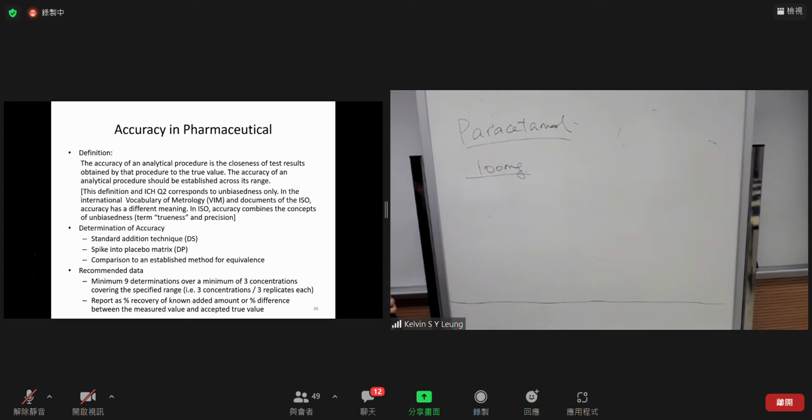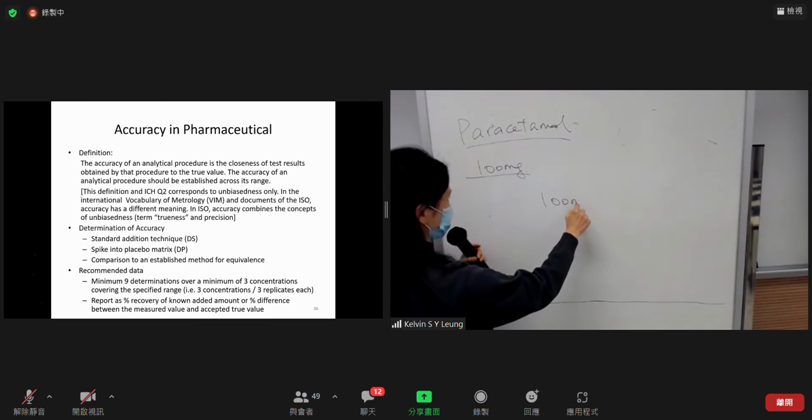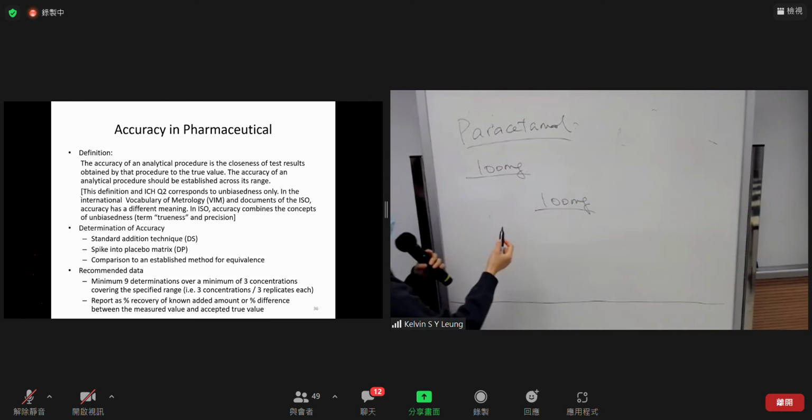Okay, so when I perform the accuracy in the method validation in the pharmaceutical industry, they will prepare 3 concentrations covering with the 3 replicates for each of these 3 concentrations. So the target of 100 milligram, we will target on. So sometimes we will take about 80% of the target as the lower concentration in our accuracy prepared samples in the method validation.